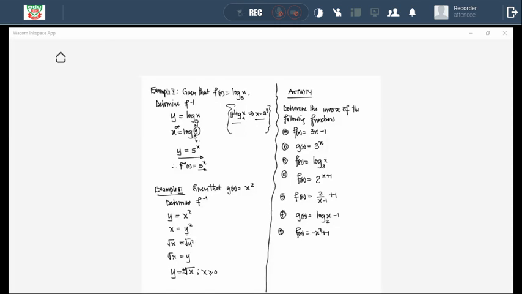If you expose yourself the more, you'll be grounded on this one. But trust you me, check any question paper, you realize that there is no paper one question that comes without testing you on the inverse of a function. So it's a must-understand section.